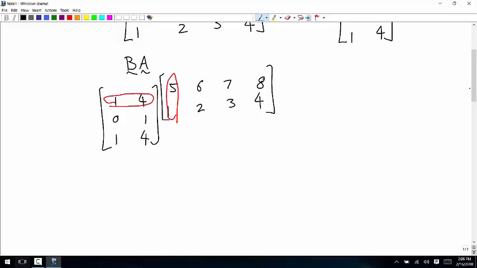And so you can think of the formula like this: if you're calculating a matrix C, the ijth element of C is equal to the sum of B_ik times A_kj.